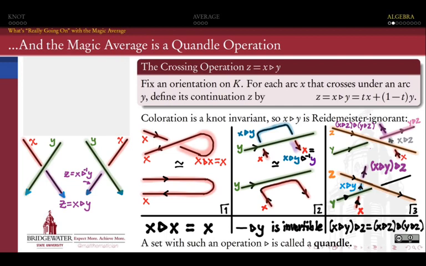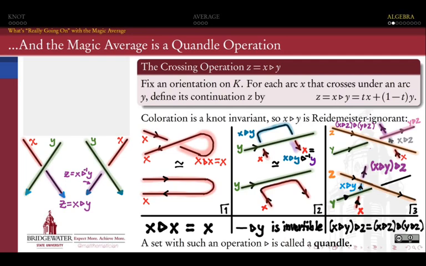And so what we say is that any set endowed with an operation that satisfies these three criteria is what we mean by a quandle. So it's like when we define a group as a set of elements along with an operation that satisfies bing, bing, bing, bing. Right? Same idea. It's just that now we're putting different kinds of conditions on the operation compared to when we studied groups.